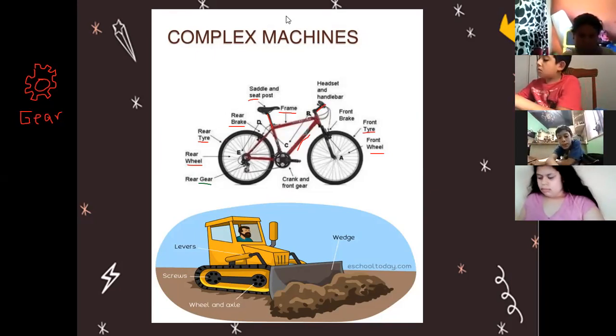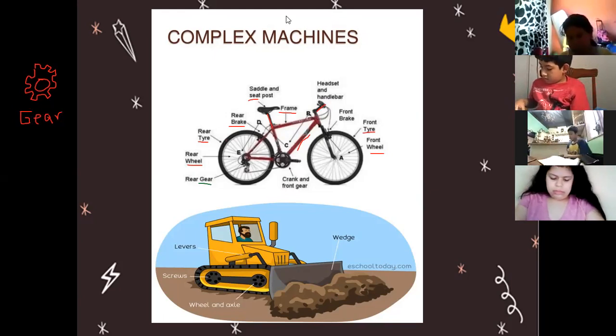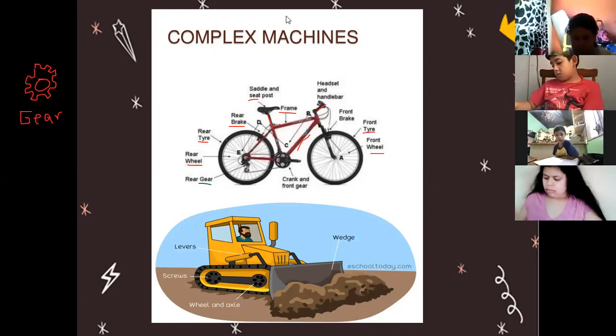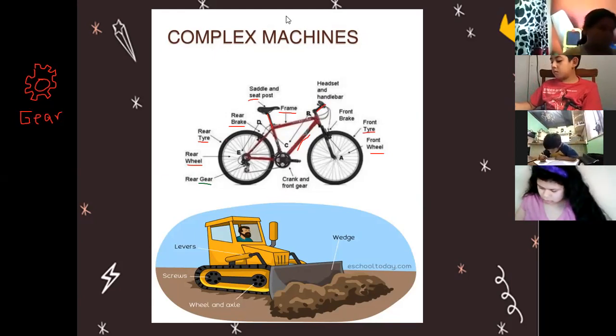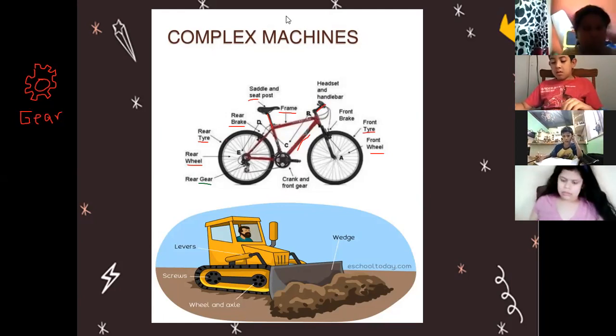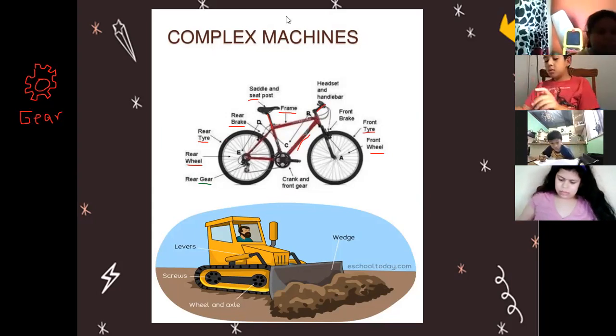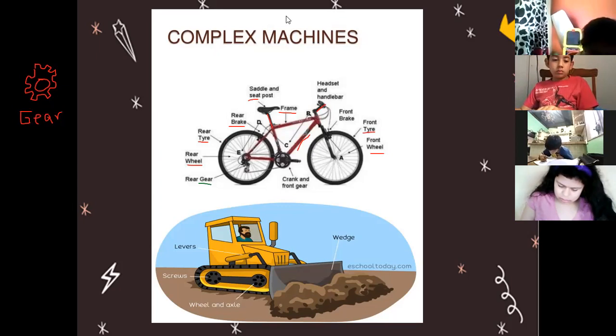It's a complex machine because a car has simple machines and also compound machines in it. So that's why it is complex. A car is a complex machine.